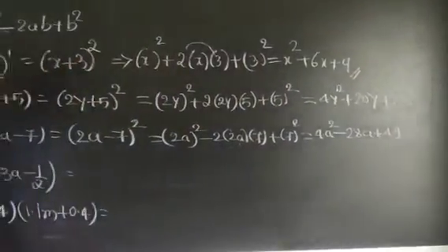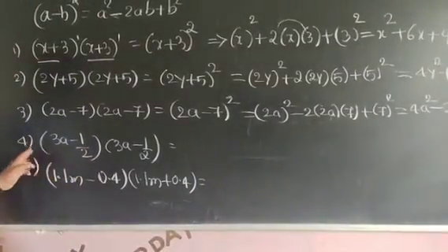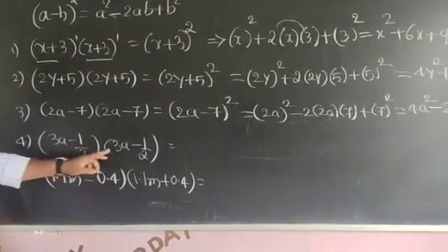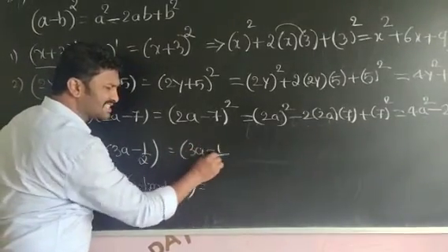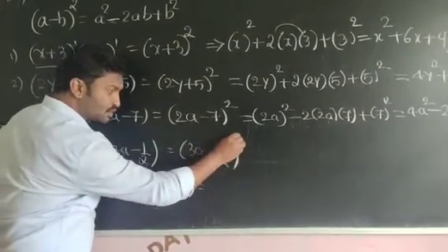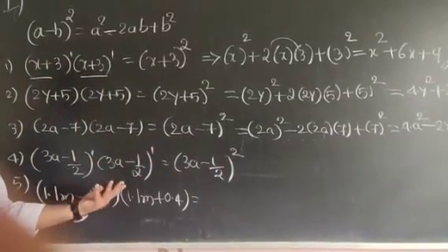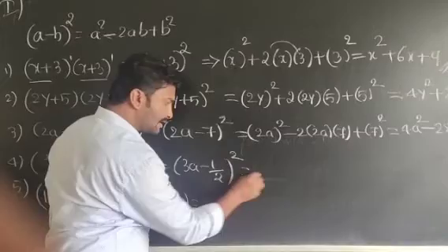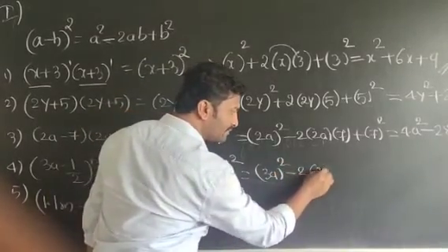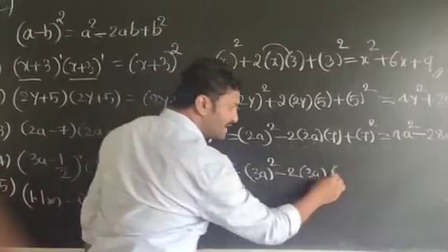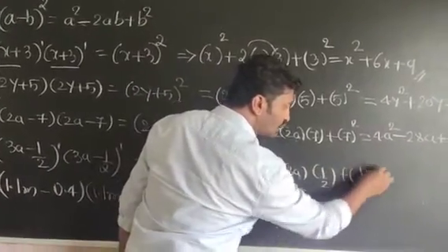Okay, and the fourth one: (3a minus 1 by 2), (3a minus 1 by 2). Again the same problem, there is no change. (3a minus 1 by 2) whole square.